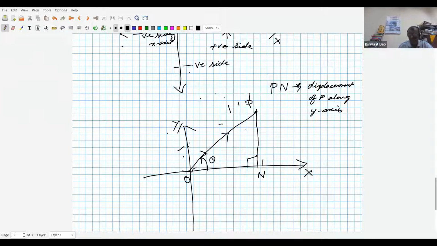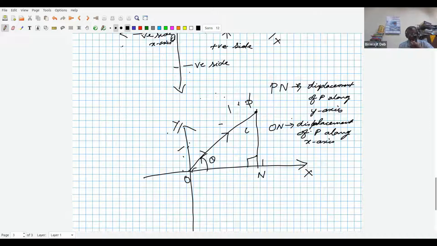And what is On? On is the displacement of P along the x-axis.